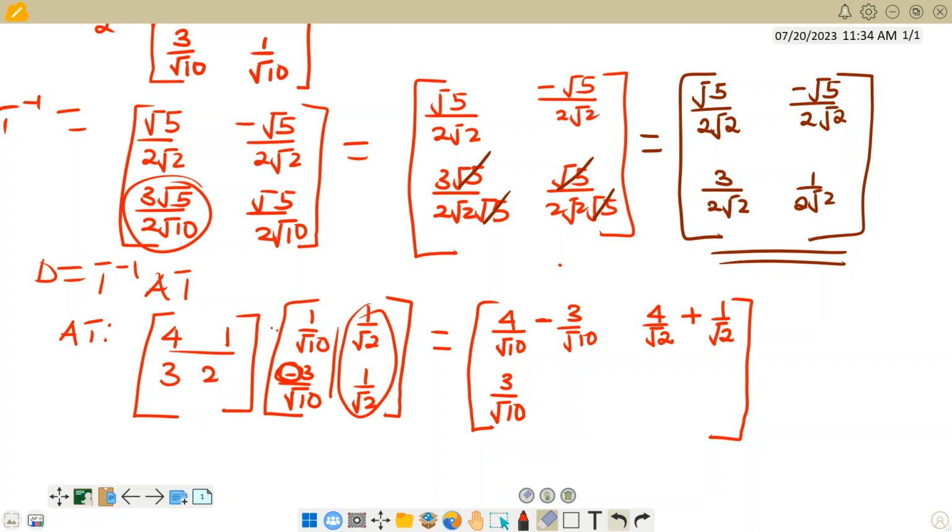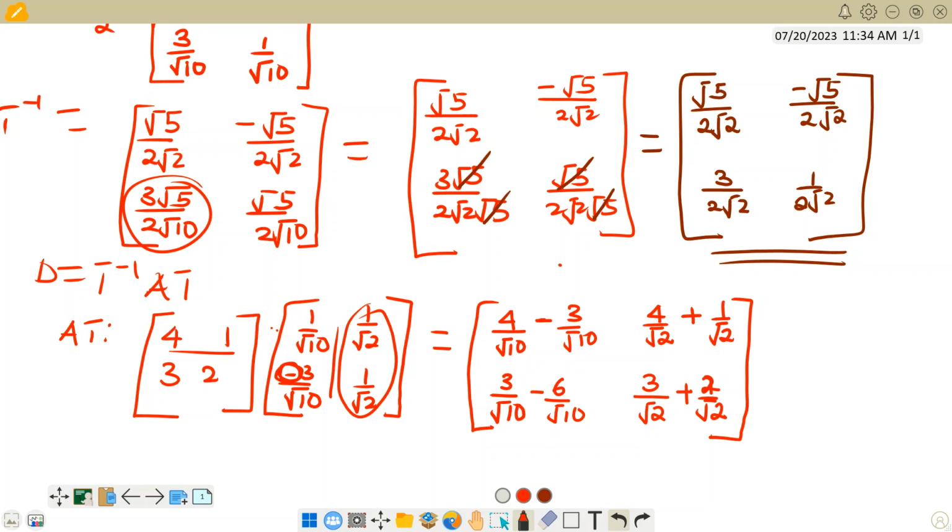Why minus? Because the 3 there is negative, so positive multiplied by negative is negative. So 2 times minus 3 will be 6 over square root of 10. And then the last part, 3 times the other column, which is just going to be 3 over square root of 2, and then plus 2 times 1 over square root of 2, which is just 2 over square root of 2.